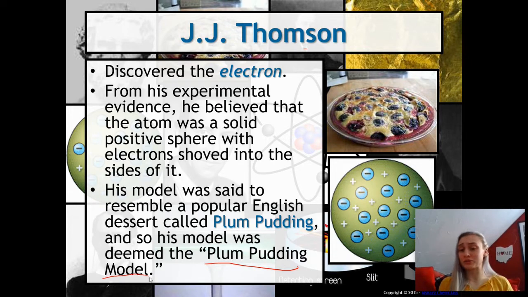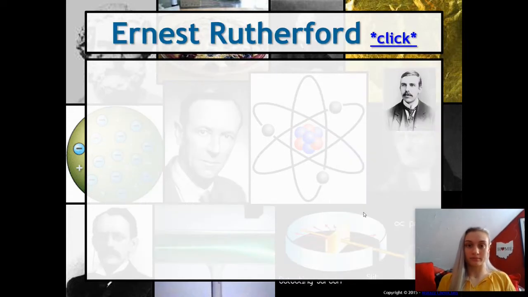And they're like, oh, this looks like that pie we make. So we're going to call it the plum pudding model, because all the little plums are scattered throughout this dough, just like how J.J. Thomson imagines the electrons are scattered on the outside of this atom. Okay, so that's why they call it the plum pudding model, because the electrons are scattered throughout kind of randomly, kind of evenly, just like the plum pudding.